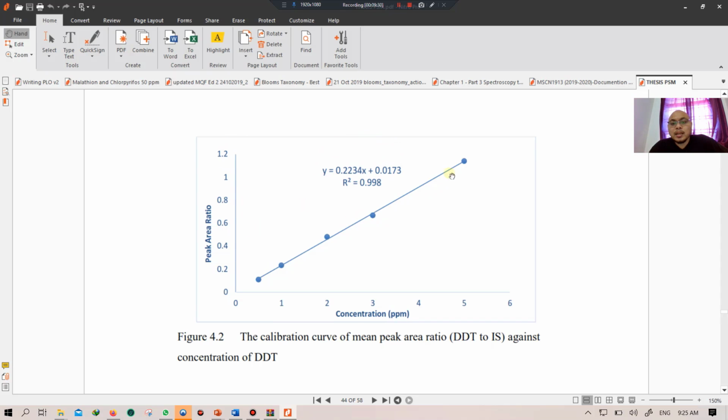Usually when you're doing the calibration curve, you will get this formula. This formula you can use to determine the unknown. When you get, for example, the peak area ratio, or you obtain the signal, you can insert it as the y value, and you can determine x, and x is the concentration of your sample.